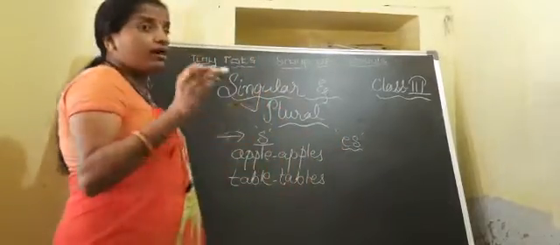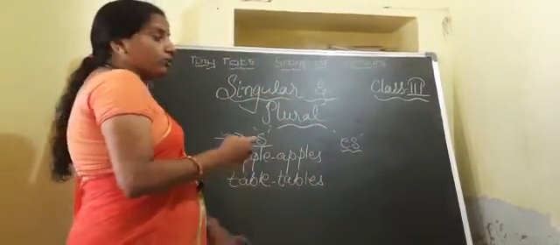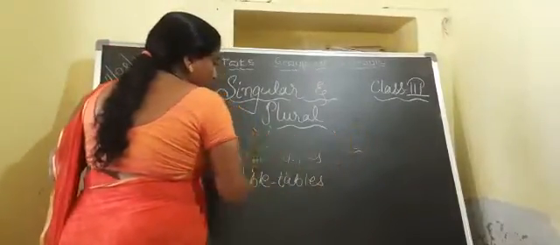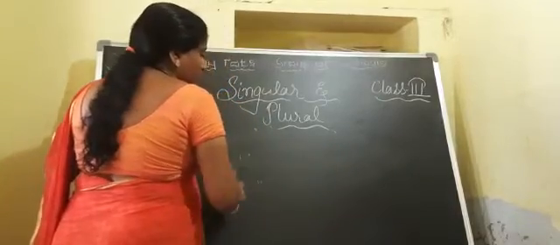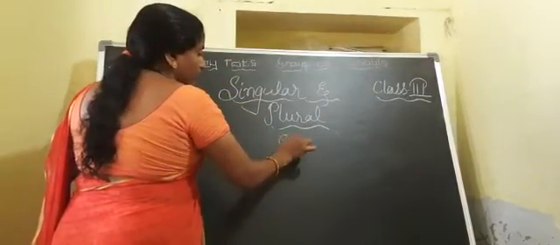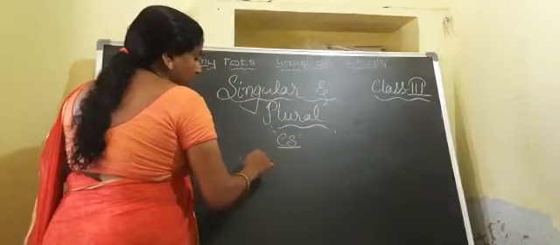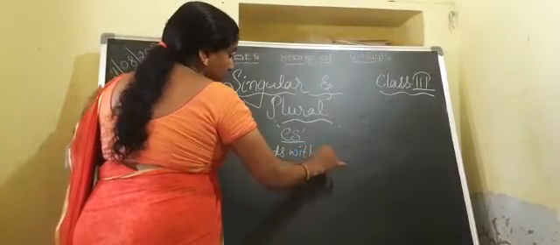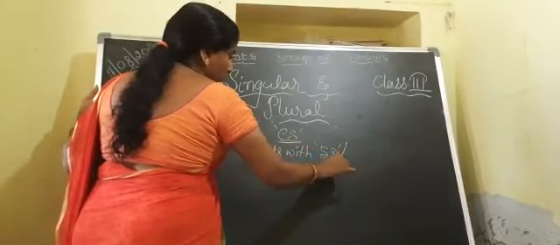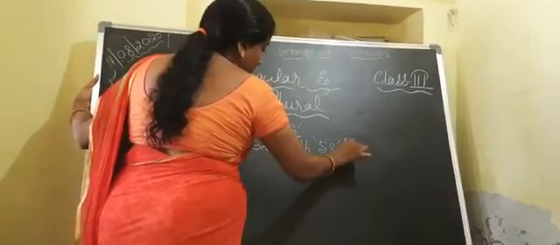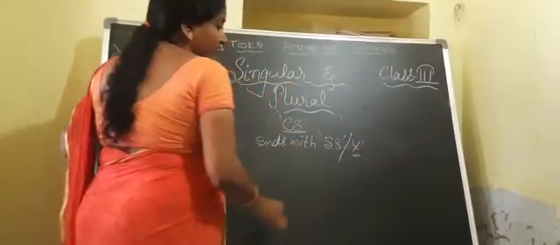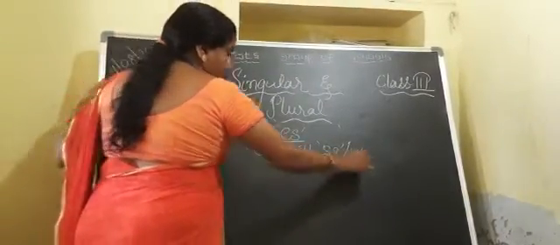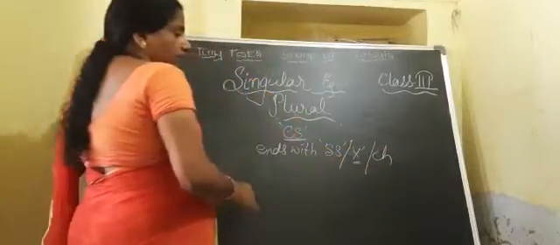When do we have to add es to the word to write a plural, children? See, children, es is used to write the plural for a word which ends with s or x, and before x there is a vowel, or ch.